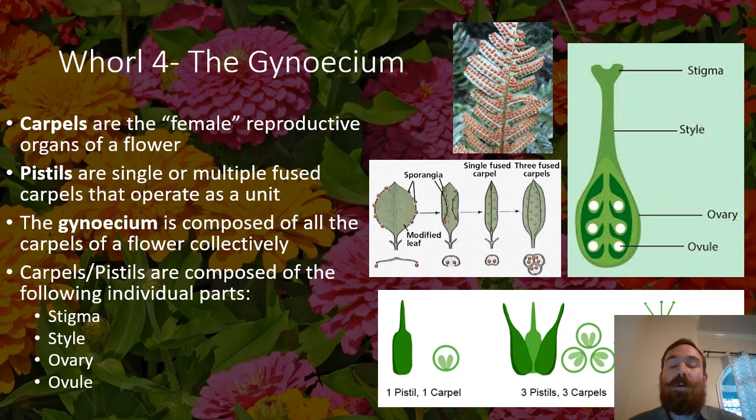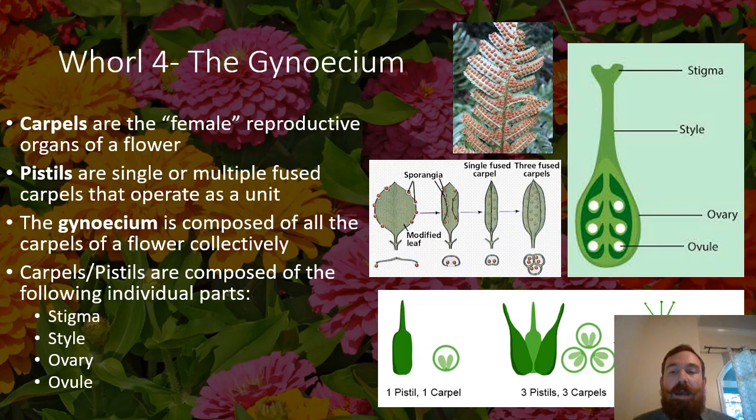Plants evolved their own methods of sexual reproduction completely separately from animals, and so they have slightly different ways of doing things. So we understand them as female, but they're not really female in the same way that animals are male or female. A carpel is one of the female reproductive organs of a flower.